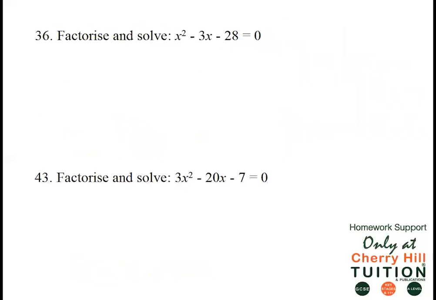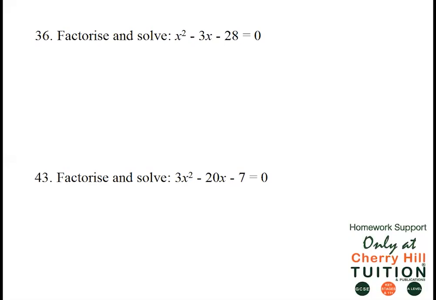Okay. Question 36. Factorize and solve x squared minus 3x minus 28 is equal to 0. So this involves the same steps as we did in the previous questions. However, there is a last step that we need to include.